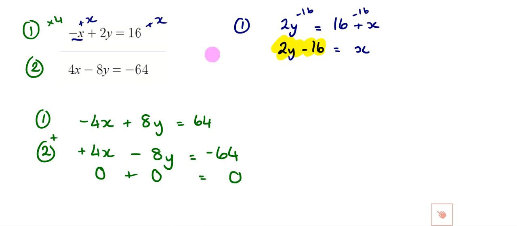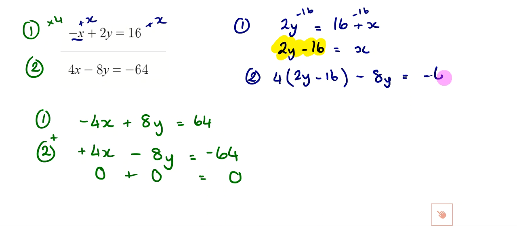So in my number 2, I can say 4 lots of 2y minus 16 minus 8y equals negative 64. Yeah? So I've substituted in. What do I do next? Yeah, let's multiply out.